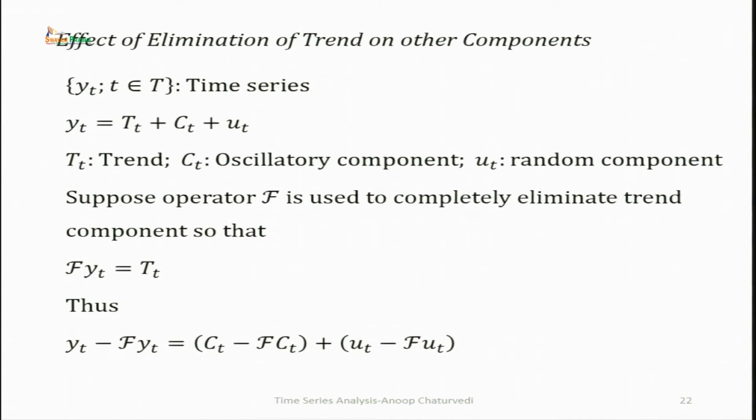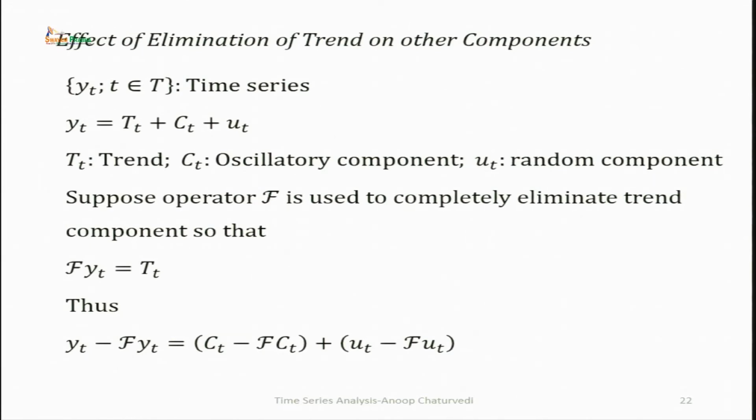Once you eliminate the trend component from the time series, how is it going to affect the seasonal component or random component? So, we express the time series y t as T t plus C t plus U t. T t is the trend component, C t is the oscillatory component and U t is the random component.